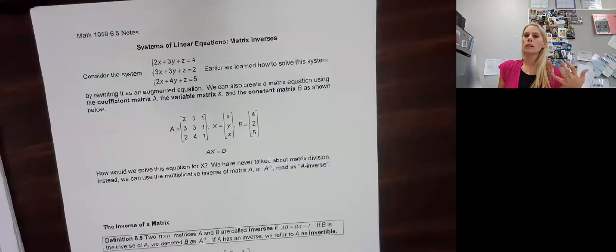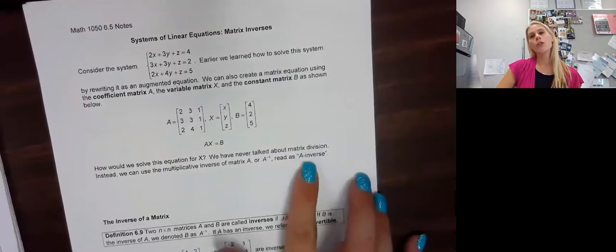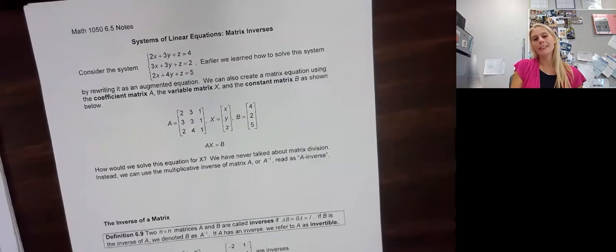If I wanted to get rid of subtraction, I would add. Multiplication, I would divide. Division, I would multiply. But as we just read, there is no matrix division, but we're still using an inverse operation, okay? So we are going to find an inverse matrix that allows us to get our answer.